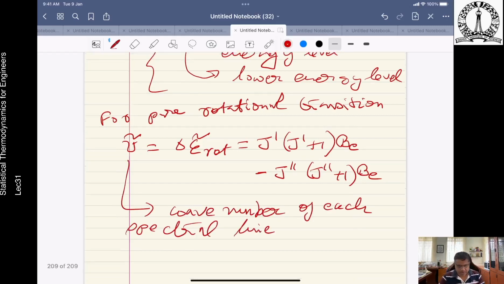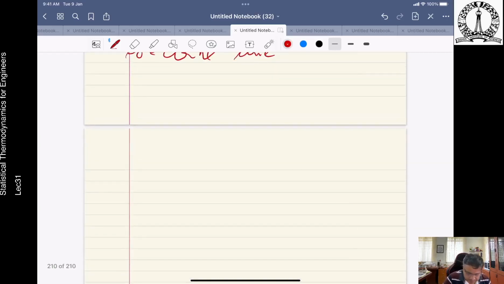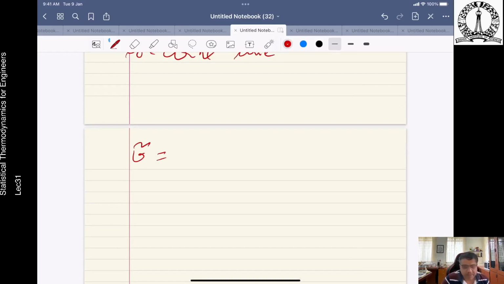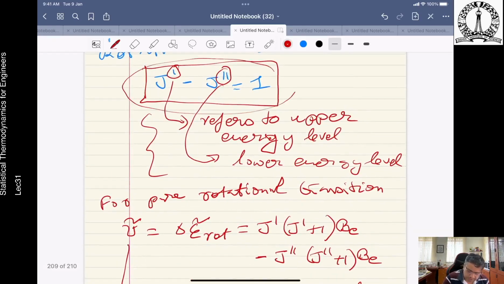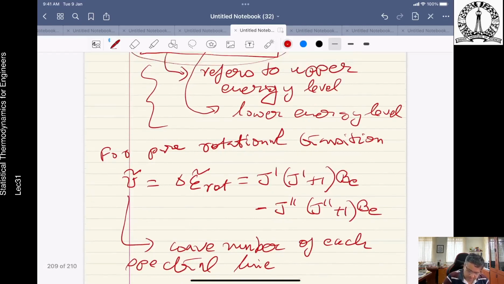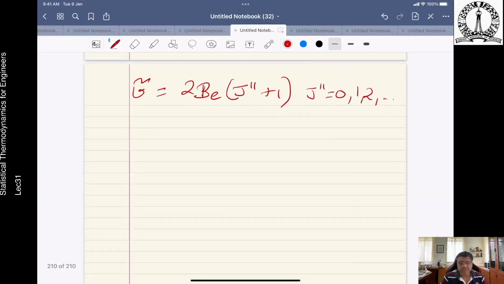Got it? Okay. So this becomes 2BE into J double prime plus 1, J double prime is equal to 0, 1, 2, etc. What we have done, we have substituted this expression over here. So that gives rise to this.